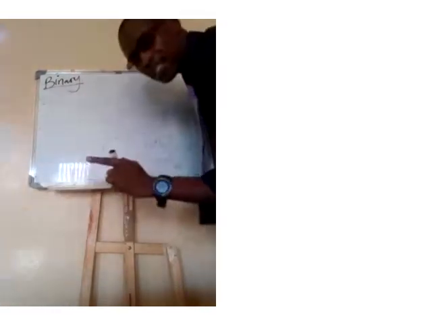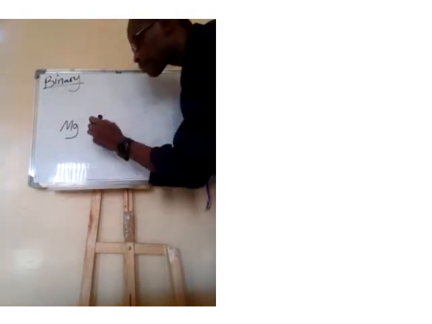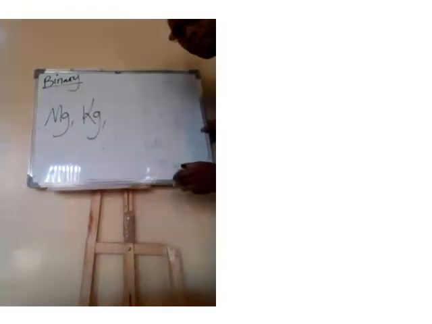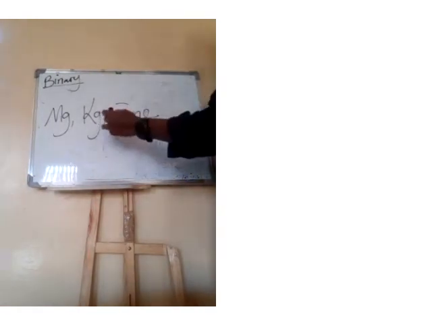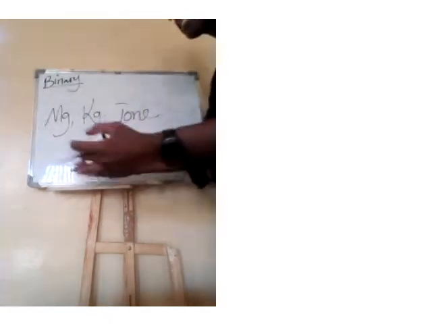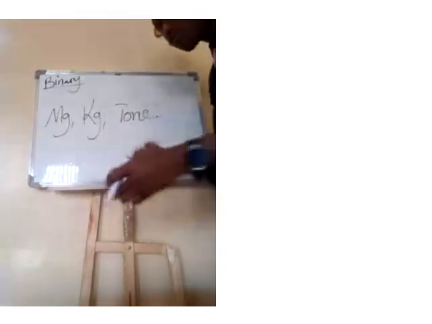If you have to measure things, you've got mg. Mg is milligram. Then you have kg, kilogram. Then you have a ton. I hope I've not skipped anything here. So you have like 10 kg, 100 kg, and you've got things in that form.